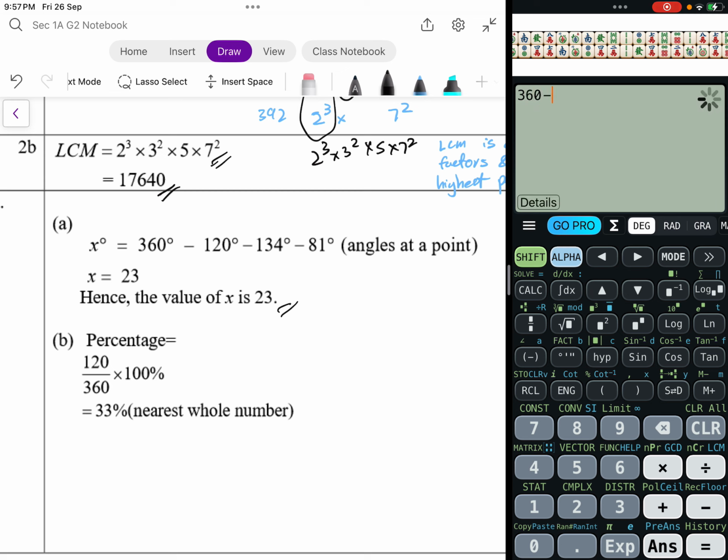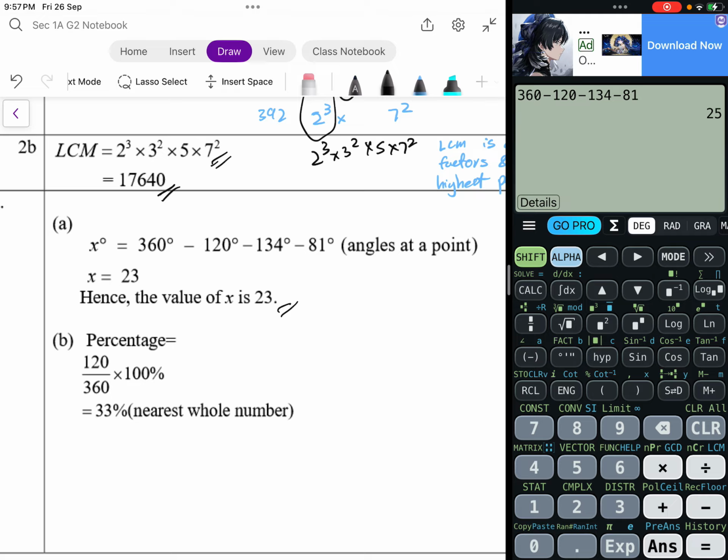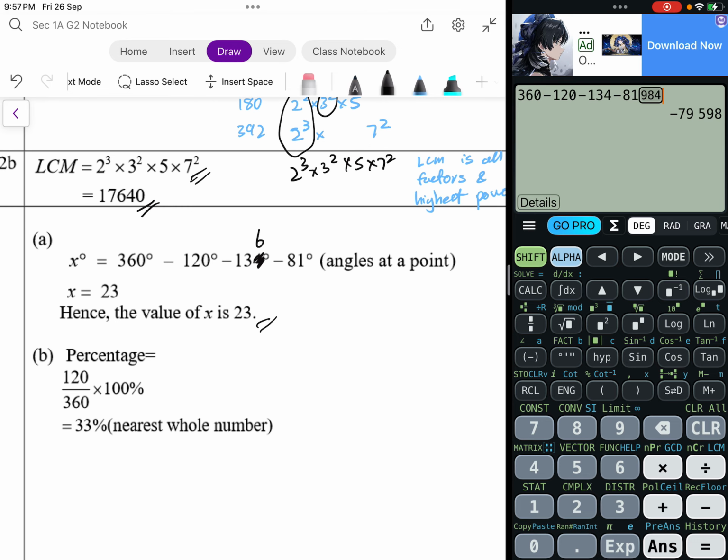360 minus 120 minus 134 minus 81. Minus 120 minus 134, sorry. That gives 25. So that means this is the typo. Ignore what I did just now.